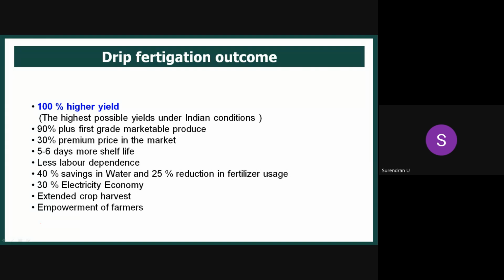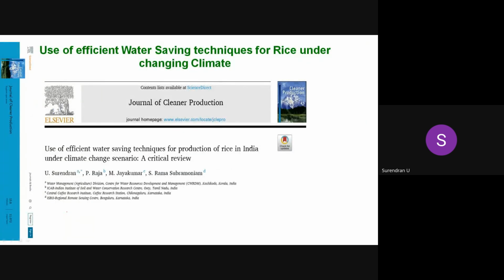Then 30% energy saving, especially if you talk about greenhouse gas emissions. So electricity use can be reduced, along with extended crop harvest and empowerment of farmers. So this is one such technology by which some of these critical issues with respect to climate change we can manage to a greater extent.